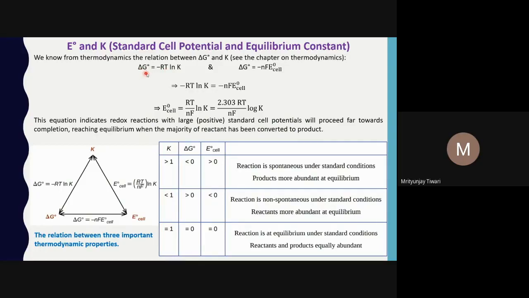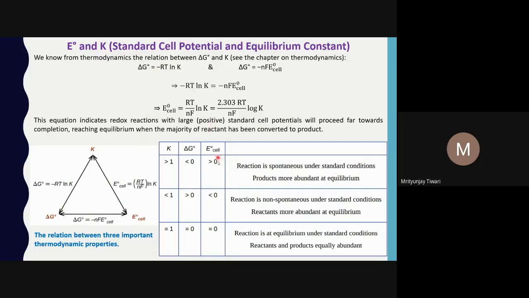So delta G naught, which is equal to minus RT ln K, will be a negative value, and a negative value means the reaction will be spontaneous under standard conditions, and the product is more abundant at equilibrium.